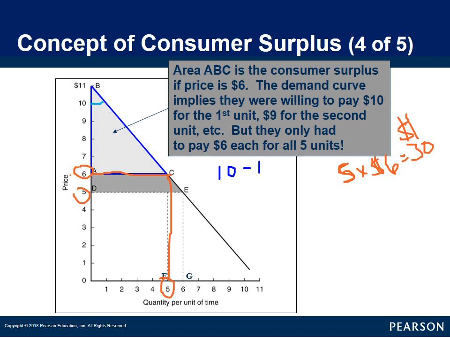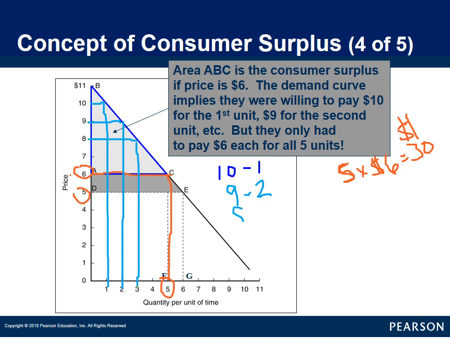They were willing to pay $9 for the second hamburger, $8 for the third hamburger, $7 for the fourth hamburger, and $6 for the fifth hamburger.